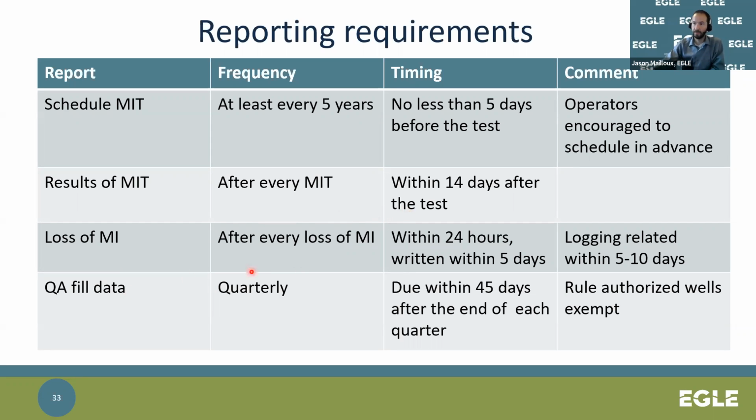Loss of mechanical integrity, after every loss, a notification, at least a verbal, within 24 hours and a written within 5 days. You can do all of this again through MiSTAR, and if you do that notification straight away, that serves for both. So if you know you can fill it out, click, I lost mechanical integrity on this well, shut in, send it off, and that'll serve as both.